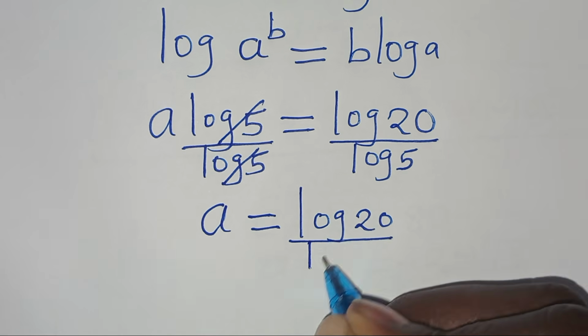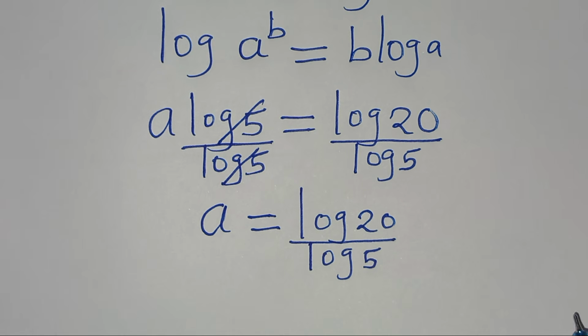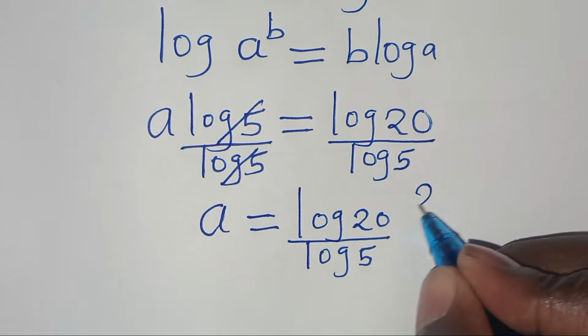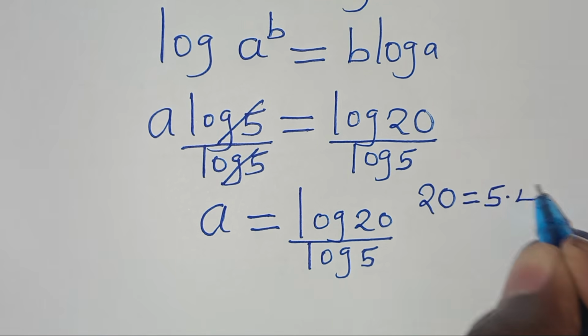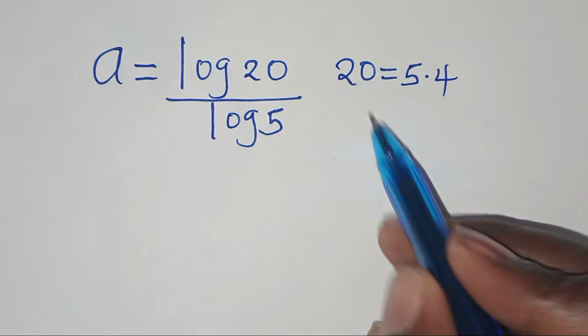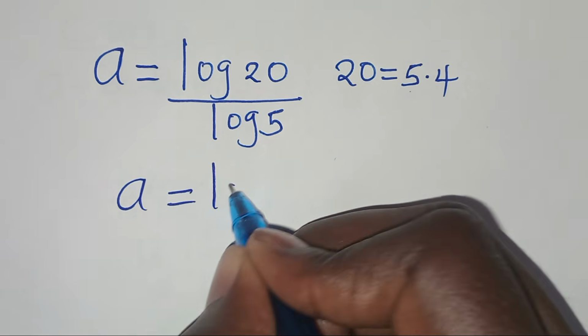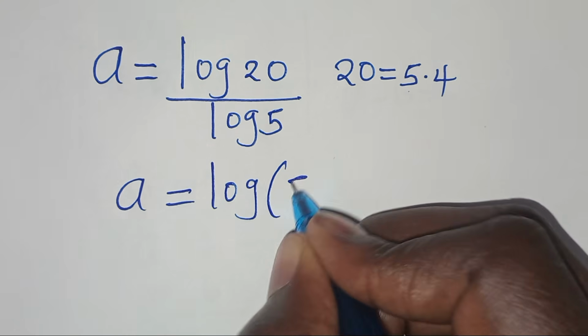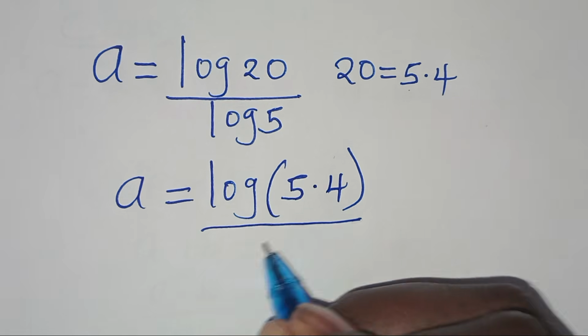divided by log 5. Now the next step is that we can express 20. This is the same thing as 5 multiplied by 4. Now let's substitute 20 with 5 times 4, so that we have a is equal to log of 5 multiplied by 4 divided by log 5.